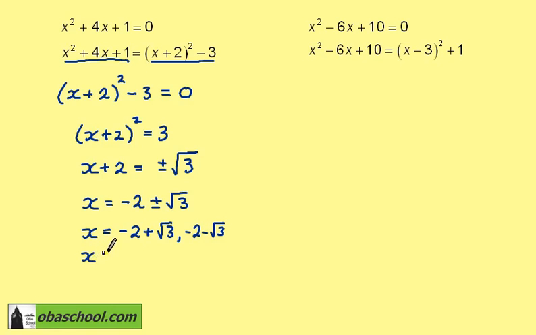Using the calculator, this gives us minus 0.268 and minus 3.73, giving answers to 3 significant figures.